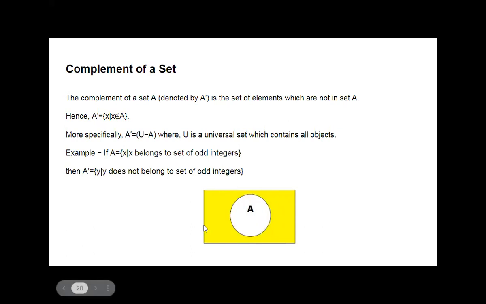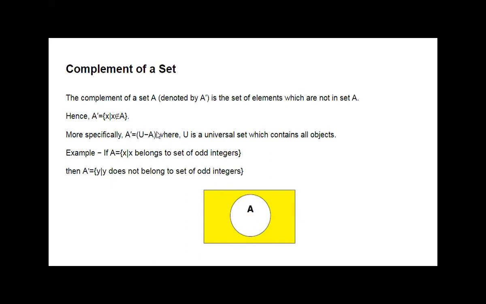All the other elements, the yellow part we can see, excluding the elements of set A, form the complement of set A. If this is a set A, then this is the complement of that set A. More specifically, A dash is equal to U minus A, where U is the universal set.